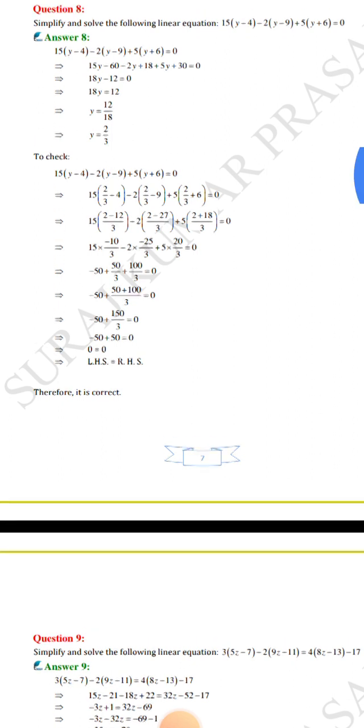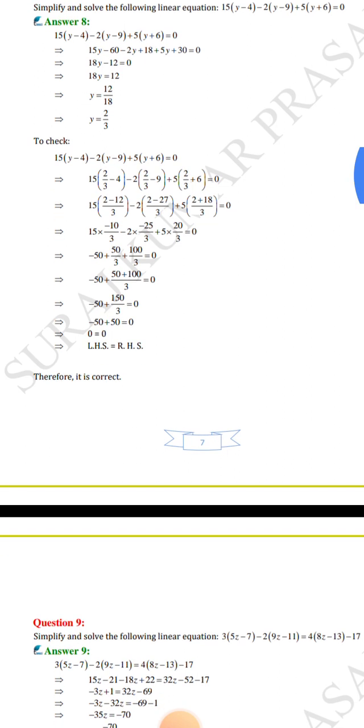Then we get 15 of 2 minus 12 by 3 minus 2 of 2 minus 27 by 3 plus 5 of 2 plus 18 by 3 equals 0. Then we get 15 into minus 10 by 3 minus 2 into minus 25 by 3 plus 5 into 20 by 3 equals 0.